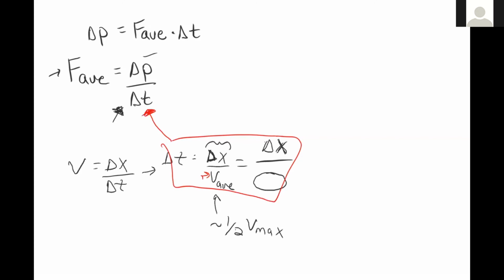So the magic here is figuring out what is this time over which this collision occurs, which you can figure out by thinking about the distance over which this collision is happening. And so you're going to have to apply your physics brain, do some estimation, think about what reasonable quantities you might need in order to solve this problem.